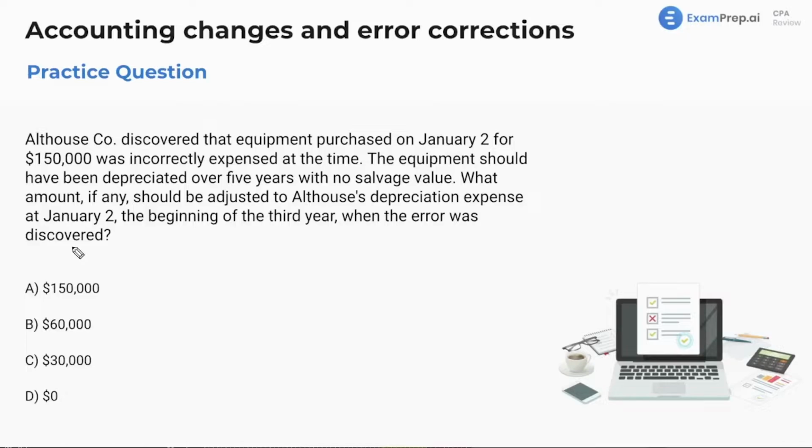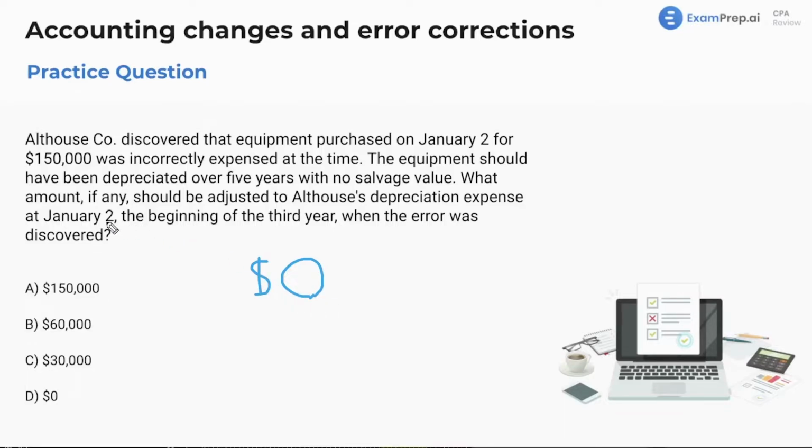Reset, you are going to treat it like it's starting right now, whenever you discovered the error or changed the estimated useful life. So meaning when the error was discovered at the beginning of the year, it's going to be $0. The depreciation expense will not have any amount, will not have a balance, but you're going to start it right now.